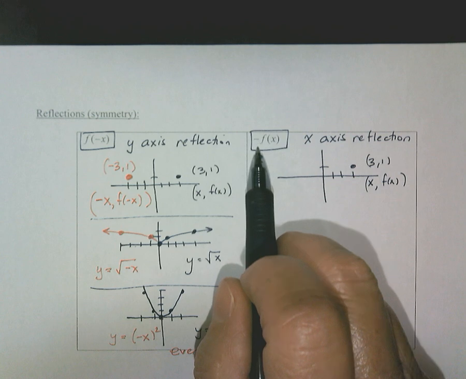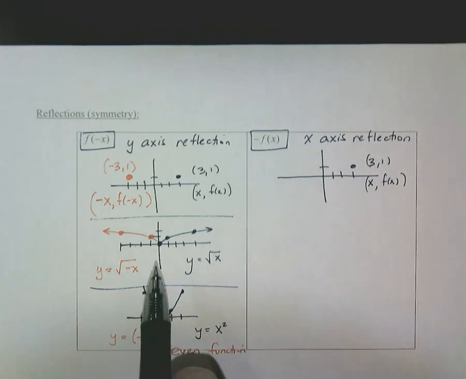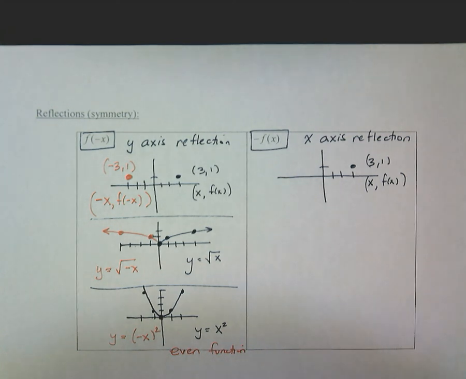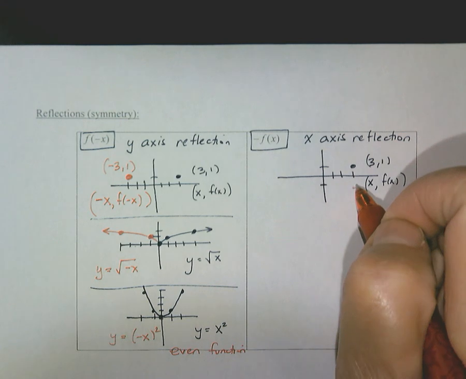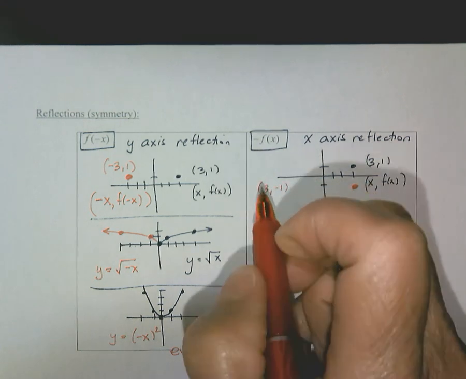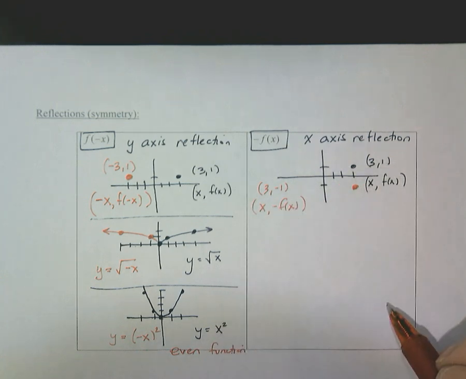Negative f of x means I want to change the y value. So I want x, negative f of x. So I'm going to plot the point (3, negative 1). And you can see it reflects over the x-axis.